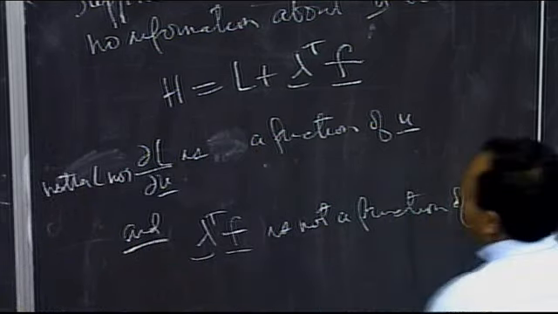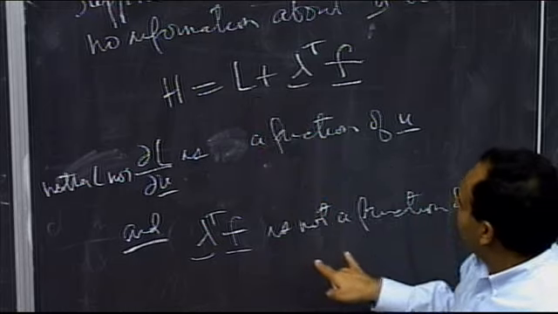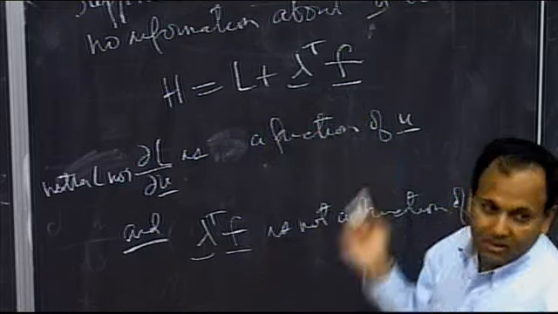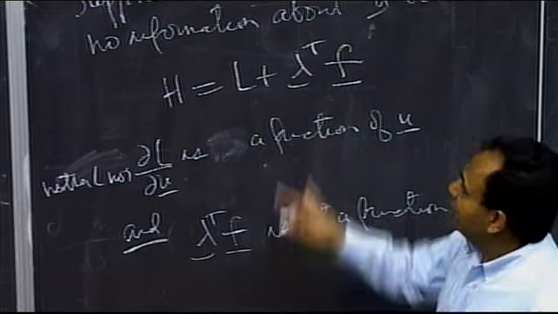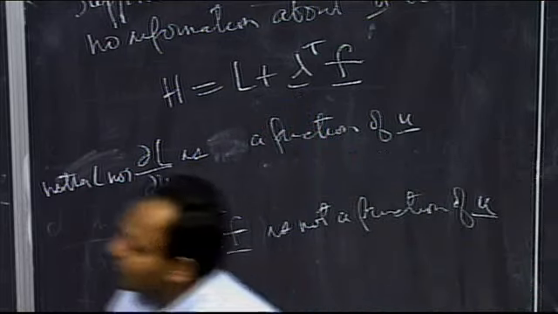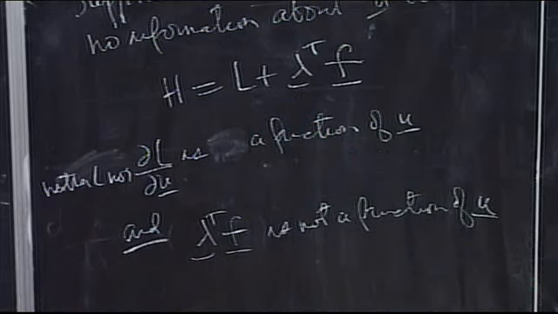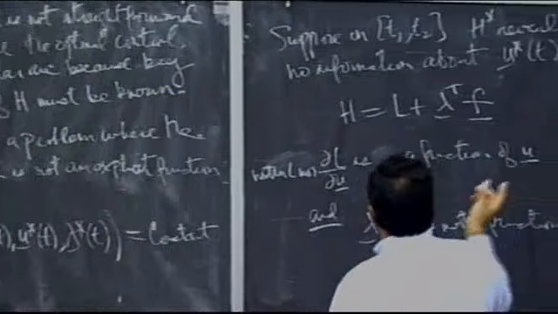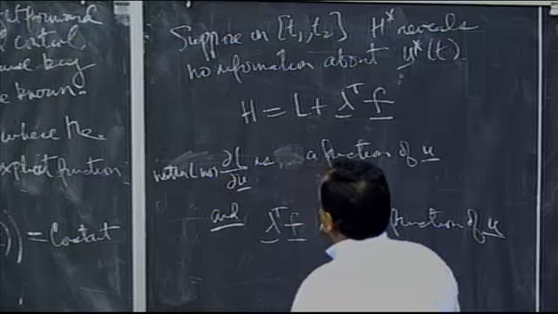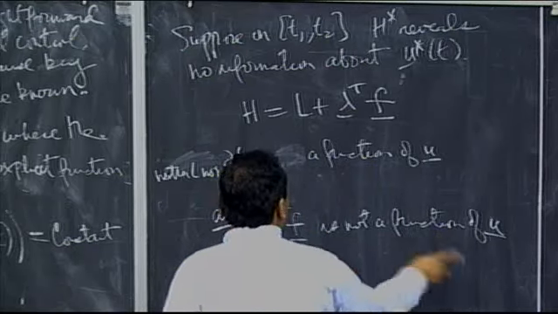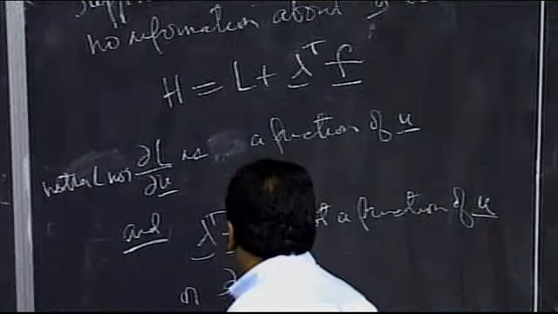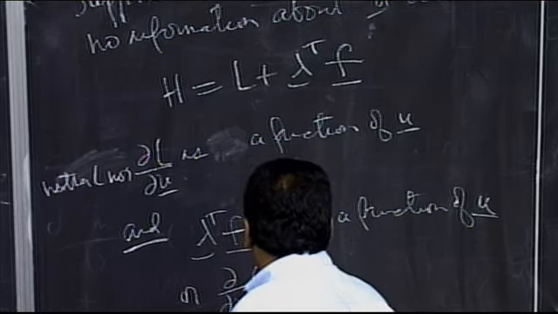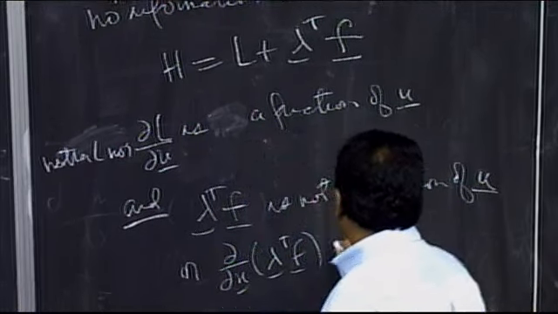Because if this isn't a function of u, and this is not a function of u, then the sum of these isn't going to be a function of u either, right? So if I apply the weak form, I'm not going to get any information about u. Similarly, the derivative of lambda transpose F with respect to u is not a function of u.